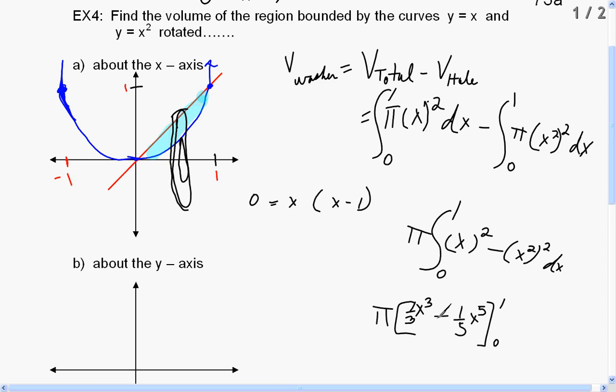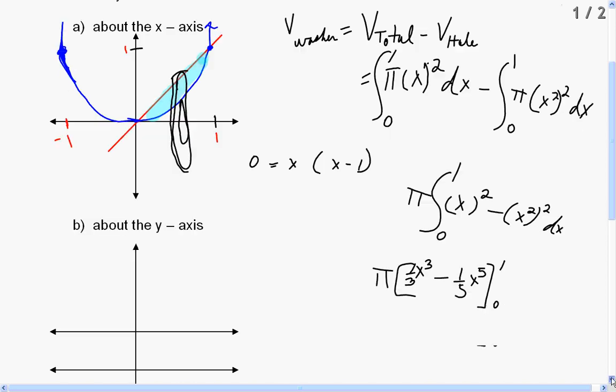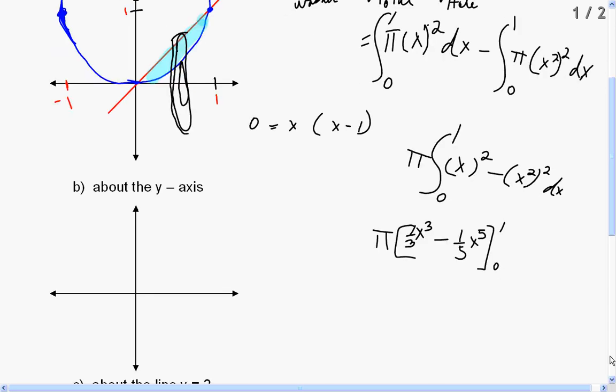Remember that's f of b minus f of a, but I know when I plug in 0 it's going to give me 0, so I'm only paying attention to when I plug in 1. When I plug in 1, that's pi times 1/3 minus 1/5.